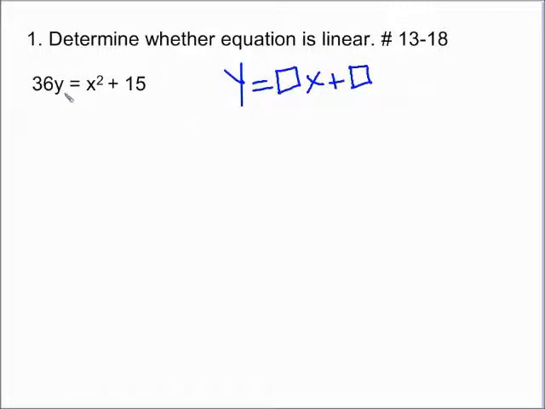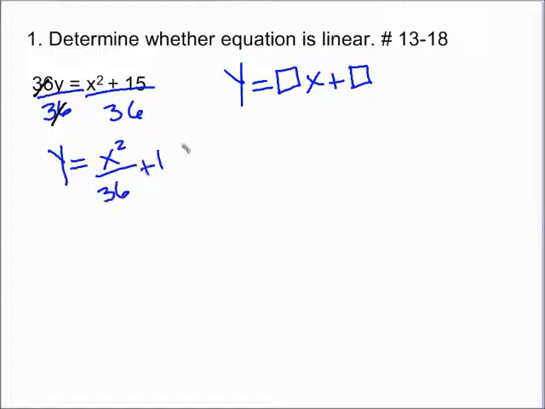Well, first thing I see is that y is alone. So if I divide each side by 36, I notice 36's cancel out. You're left with y equals x squared over 36 plus 15 over 36.